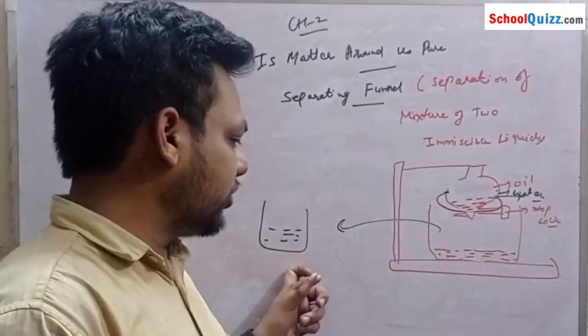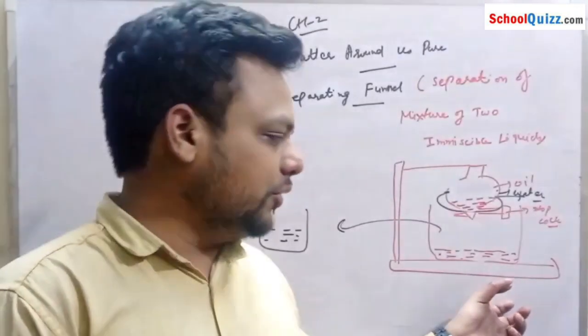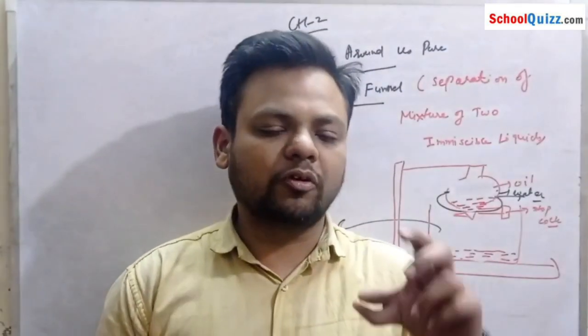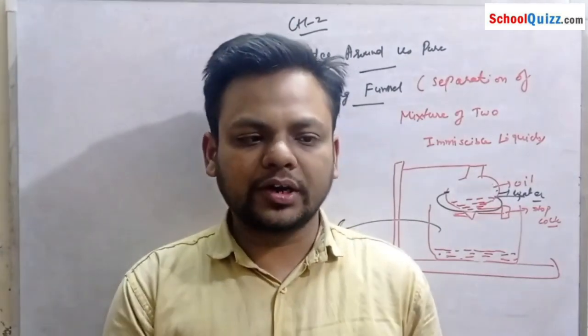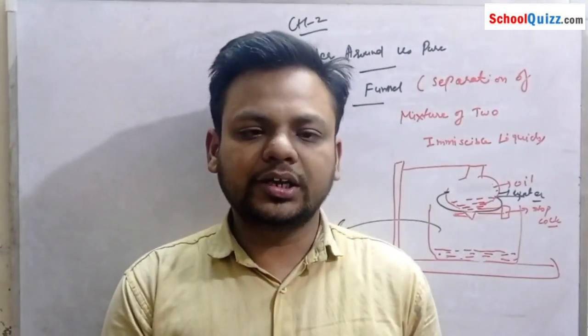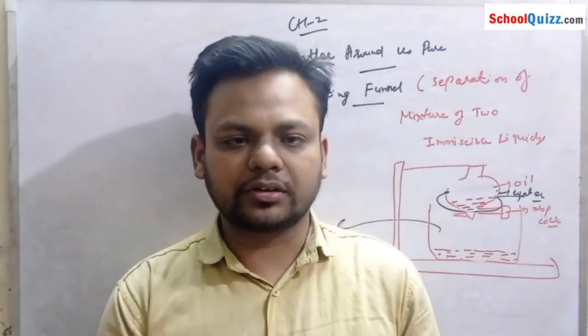First, this one is our water, this one is our oil. It's a very simple technique. Two layers will form, and we open our stopcock and continue until all the water has separated out at the bottom.